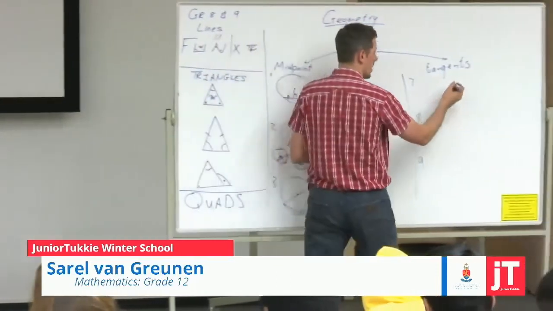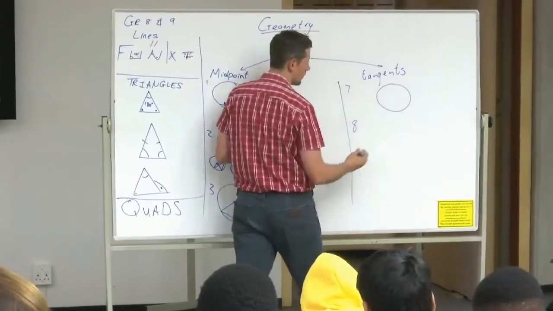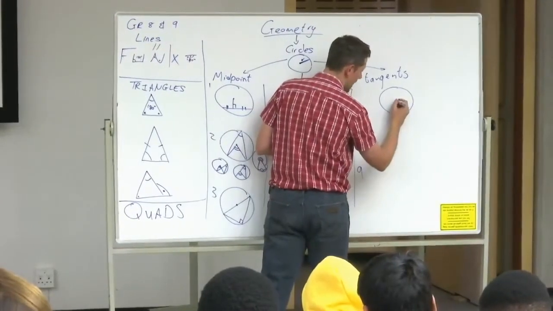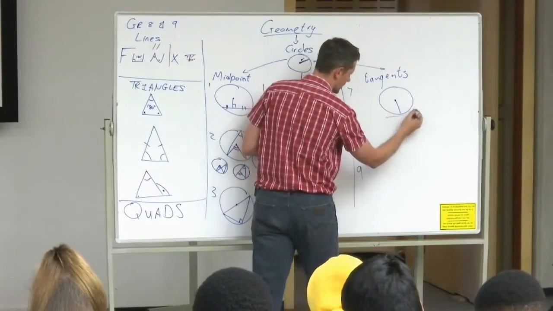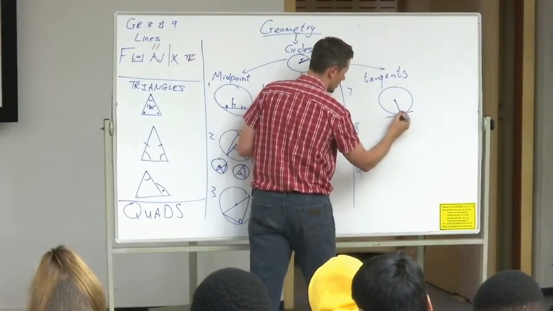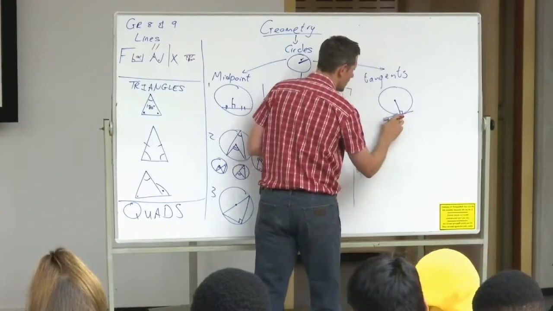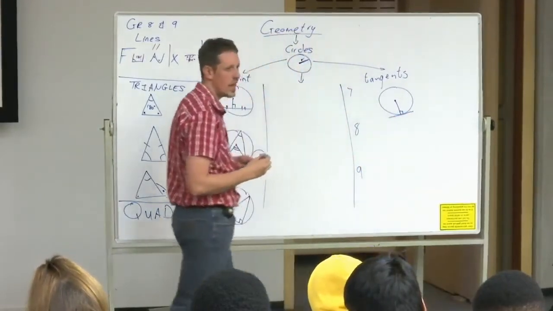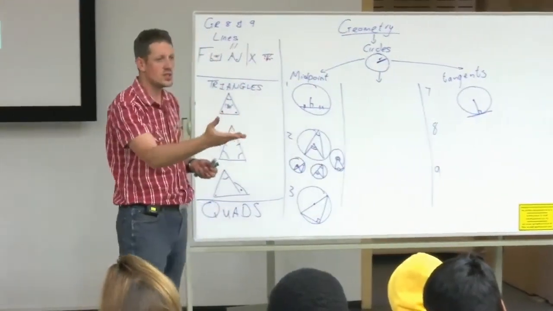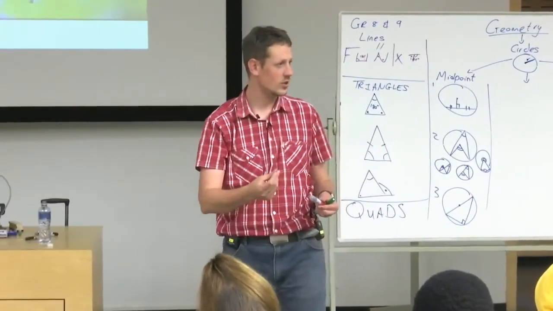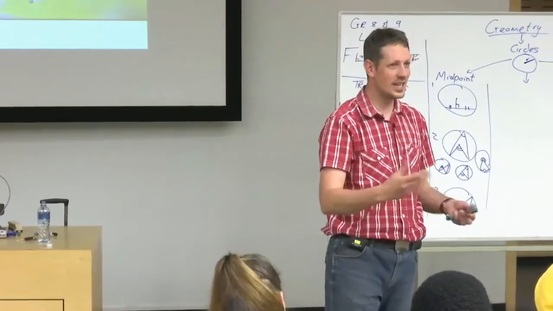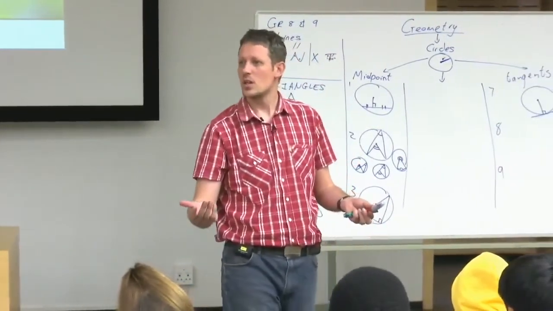So tangents, step 7, is first of all, if I have a radius and I have a tangent, the radius is perpendicular to the tangent. Where do we use this theorem a lot? In analytical geometry.